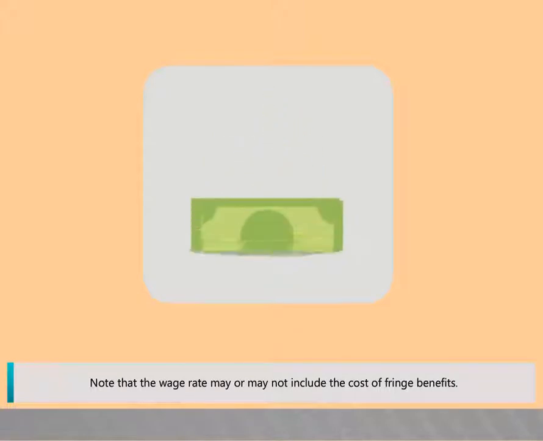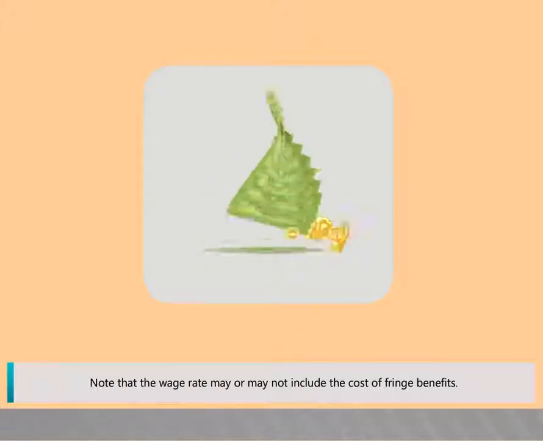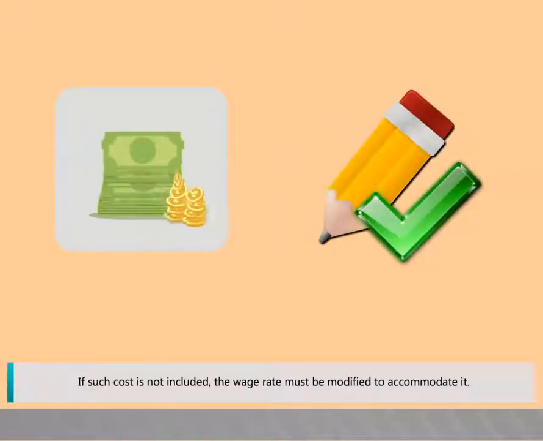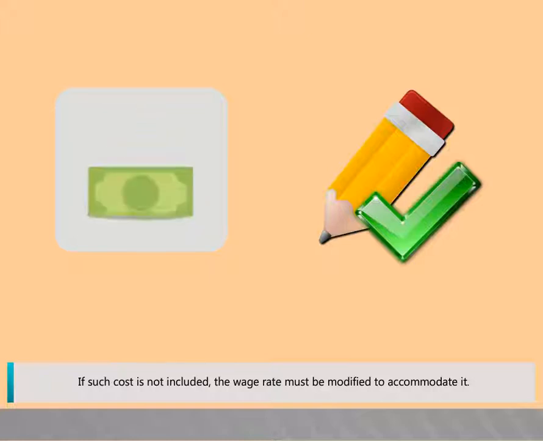Note that the wage rate may or may not include the cost of fringe benefits. If such cost is not included, the wage rate must be modified to accommodate it.